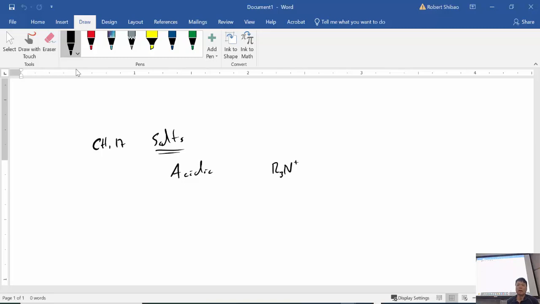analogs. It could be R3N, or a lot of people will do R, like this, and then they'll do R prime and R double prime. The three R's don't have to be the same. And this is where R is a carbon chain or hydrogen.